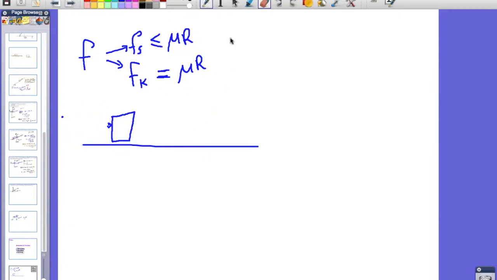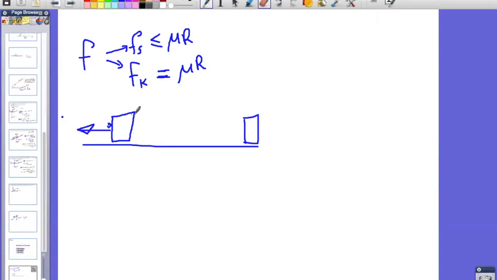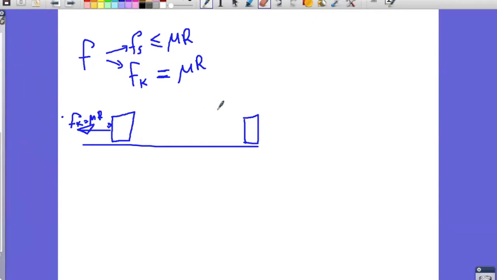And then you'll be asked questions like, how far does it travel here? So during this time that it is traveling, the only force that is acting is friction. And that is kinetic friction, Fk, which is mu R. And the object is then accelerating, you find the acceleration.